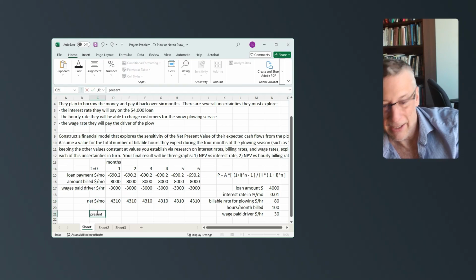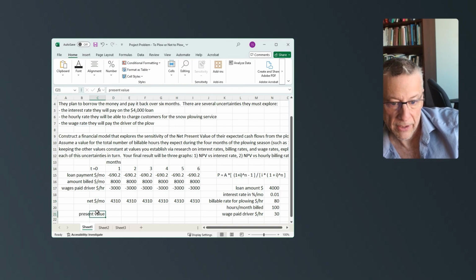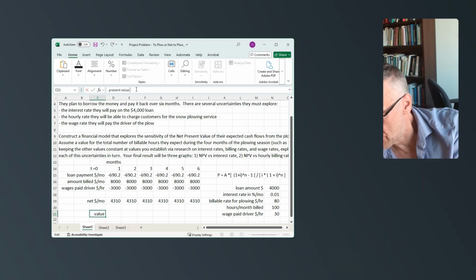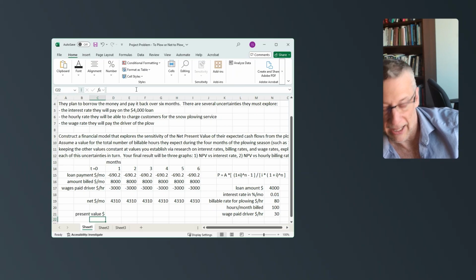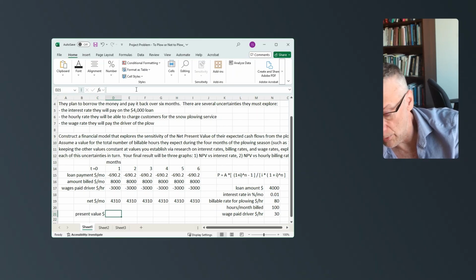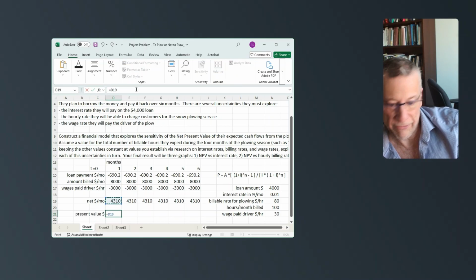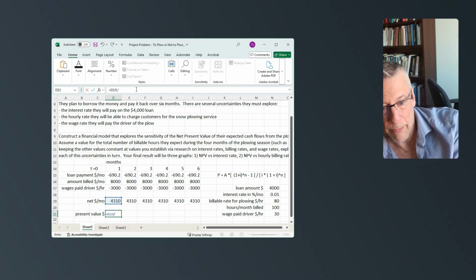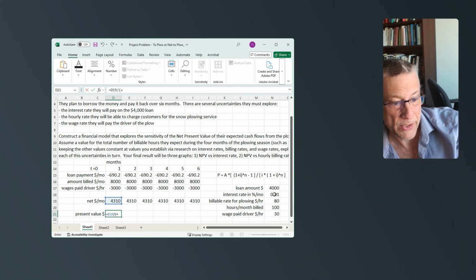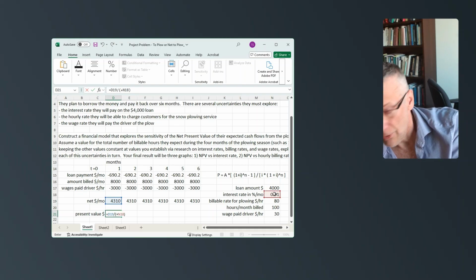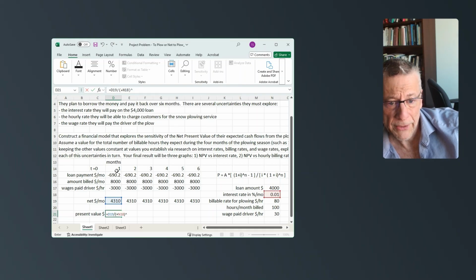We will make a separate column for that. This present value is not dollars per month. It's just in terms of dollars. And to do that, we're going to take that future amount divided by 1 plus the interest rate raised to the power of the number of compounding periods.